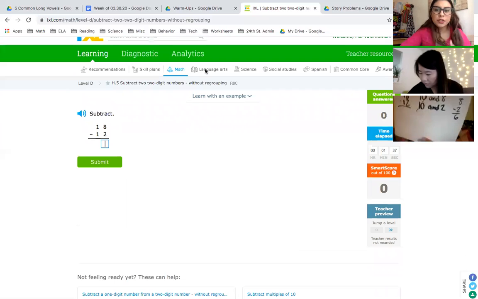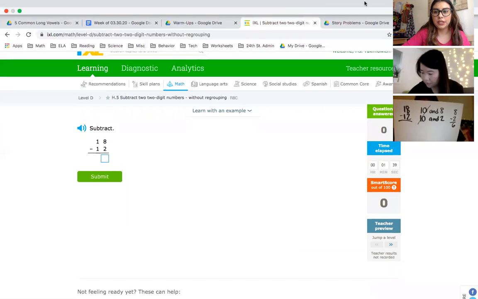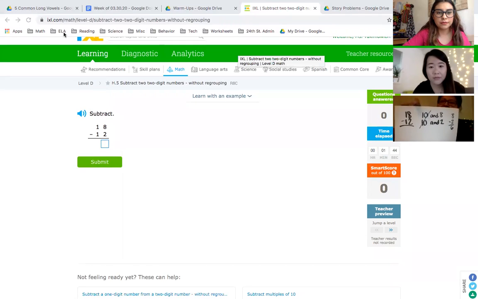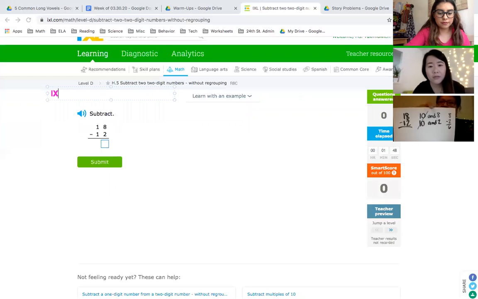So I'm used to doing a warm up with my class where we rename that 18 to tens and ones. So just calling it out, 10 and 8 make 18, 10 and 2 makes 12. So I did that.